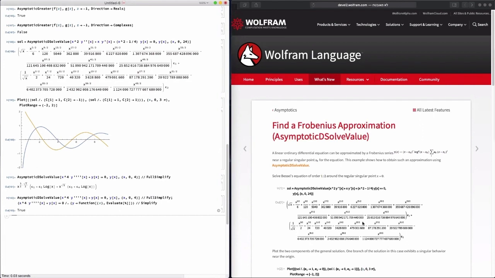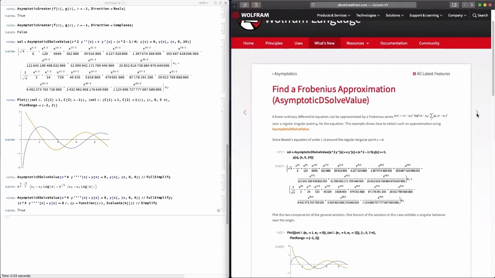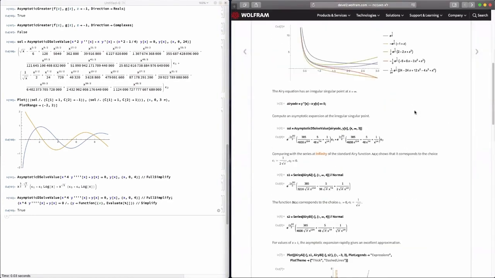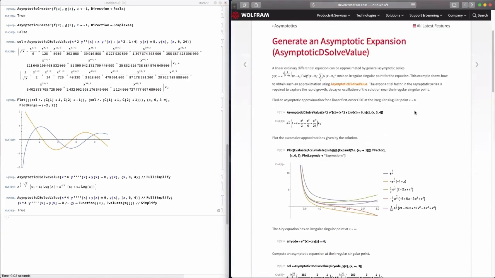Okay, on to the next example. This one's kind of long, so rather than doing it interactively, I'll just talk you through it. We have another linear differential equation with some singular coefficients.